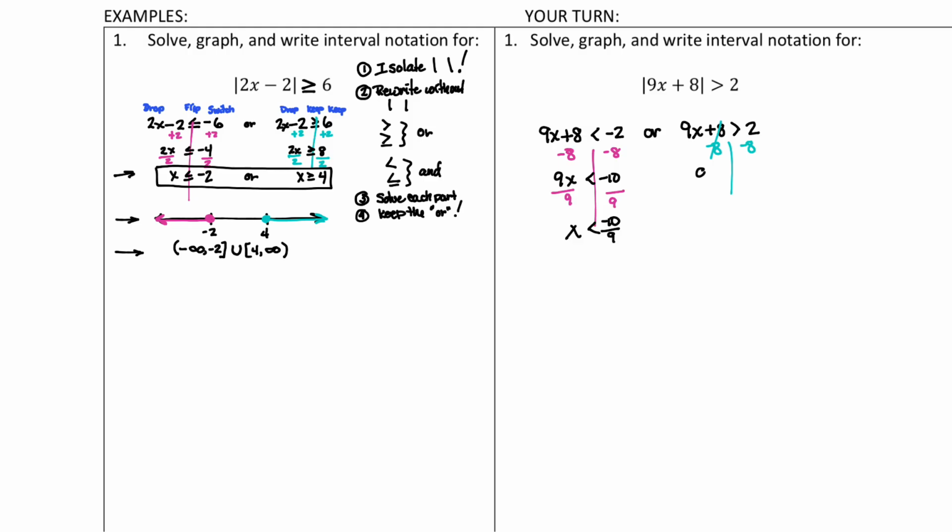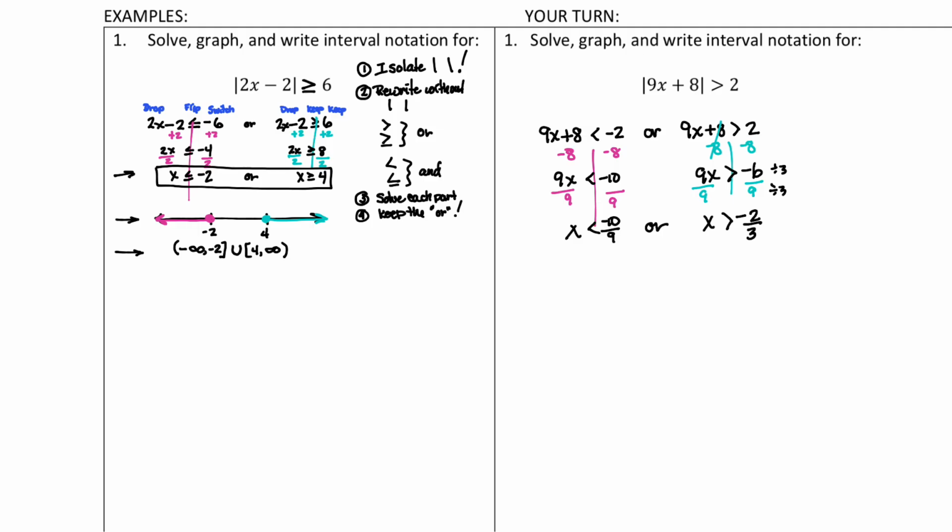So we get 9x is greater than negative 6. Divide by 9. And we get x is greater than, now you're going to have to simplify this one. Both of these divide by 3. So we get negative 2 thirds with an "or" in between.